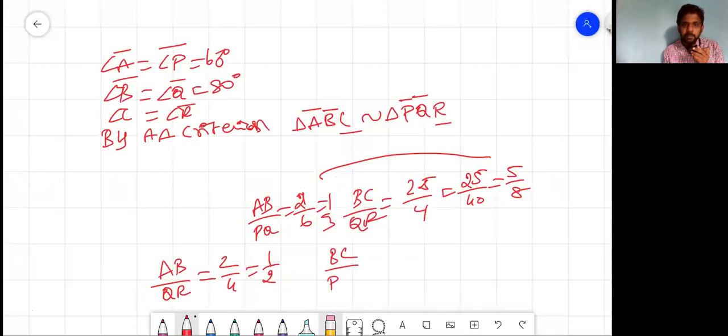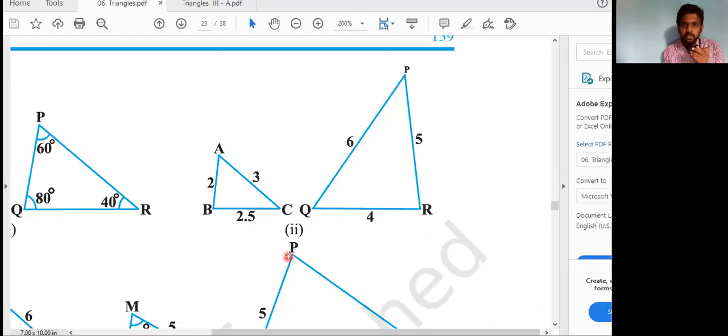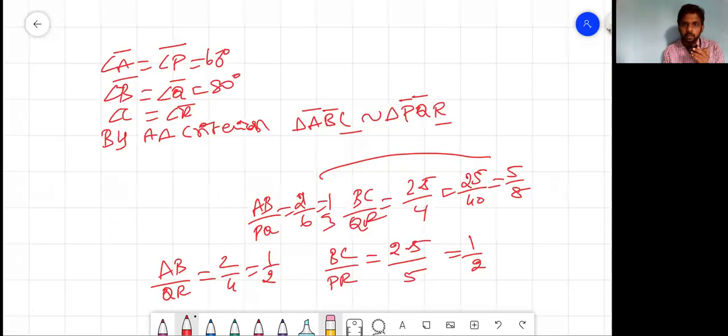BC is 2.5, PR is 5. So again, I'm having 1 by 2. Right? So the next one is AC divided by PQ. AC divided by PQ is 3 by 6, which again is 1 by 2.